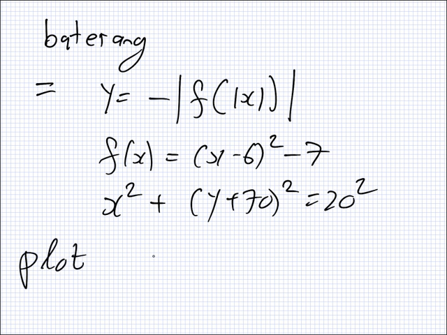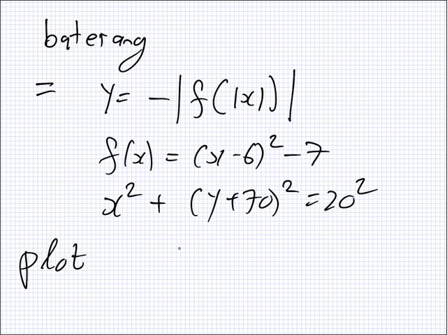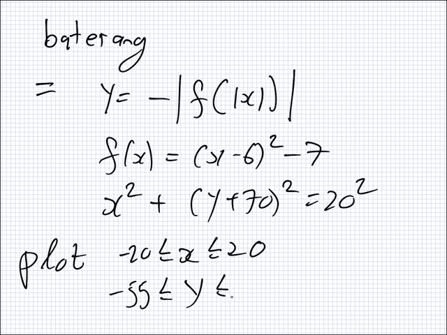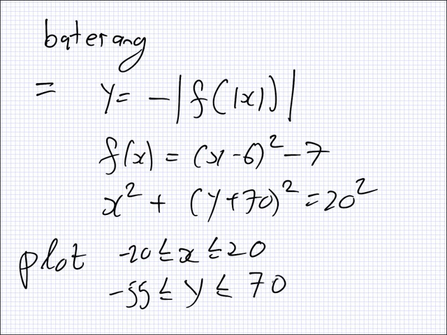And you need to plot x between minus 20 and 20, and y from minus 55 to 70. There you go. The Batarang graph.